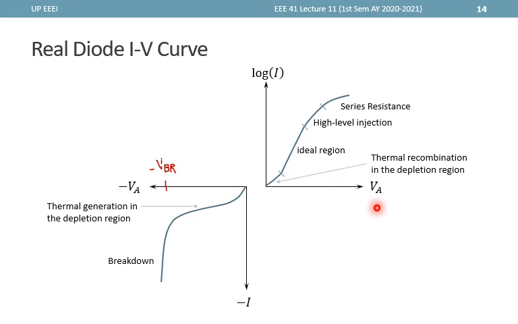But as we increase VA, we start experiencing high level injection where the current is slightly decreased, and once the current is very large, the series resistance starts playing a major role in sloping down the current. So this is what we get with a real diode.